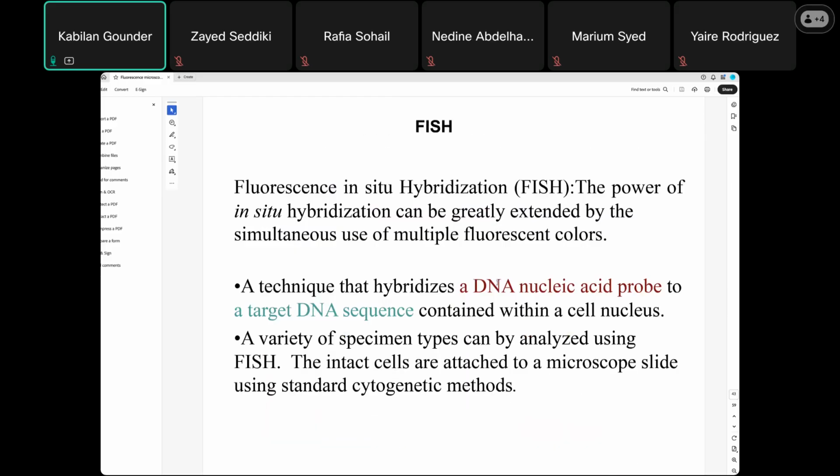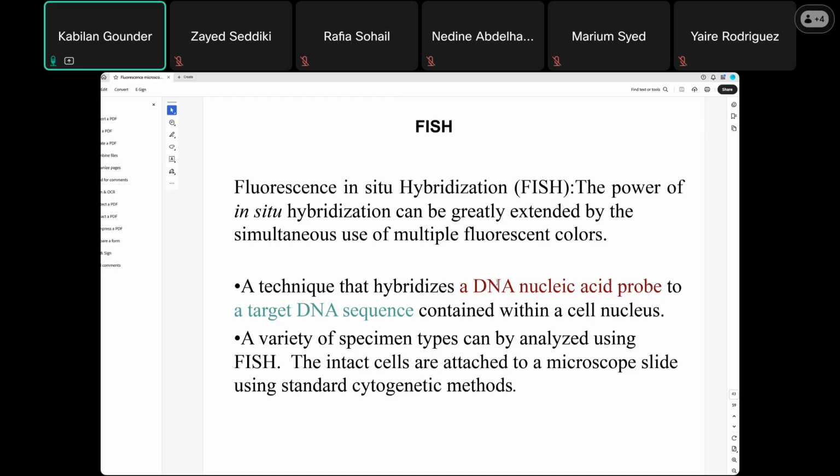So fluorescence labeling is very, very important. One of the techniques is the FISH technique, fluorescence in situ hybridization. The power of in situ hybridization can be greatly extended by the simultaneous use of multiple fluorescent colors. This technique hybridizes a DNA nucleic acid probe to a target DNA sequence contained within the cell nucleus.